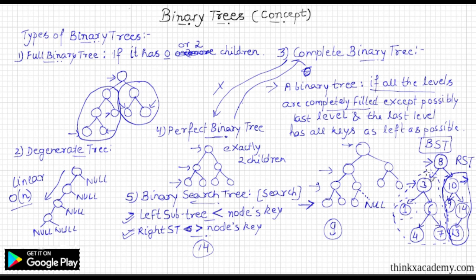The cost of operation is much less because we can avoid all the elements inside the left subtree. These will all be ignored, and we don't need to traverse in this left subtree. We will only traverse in the right subtree.